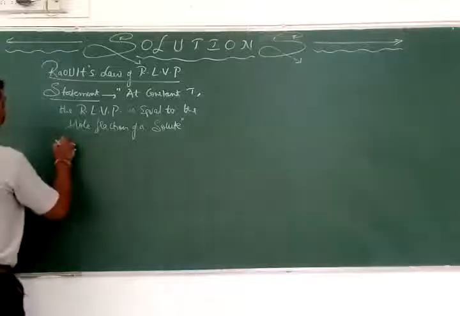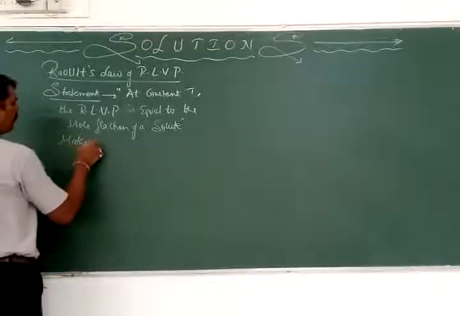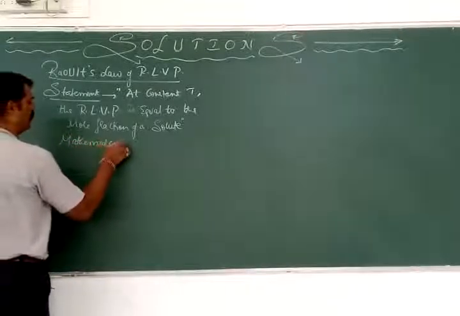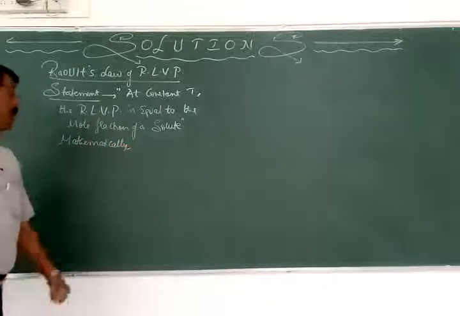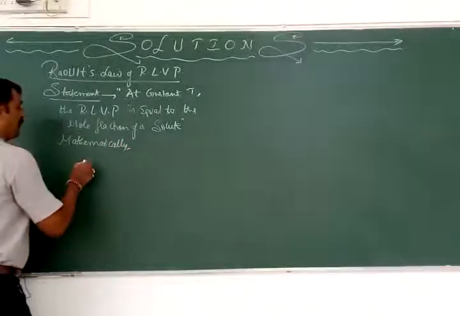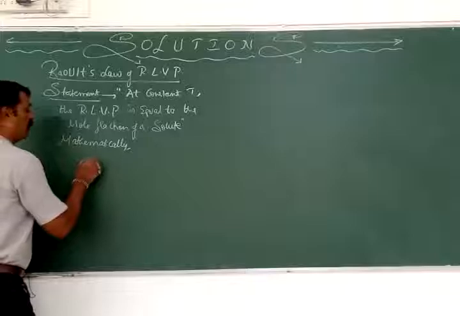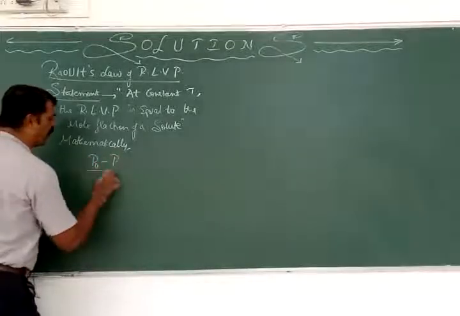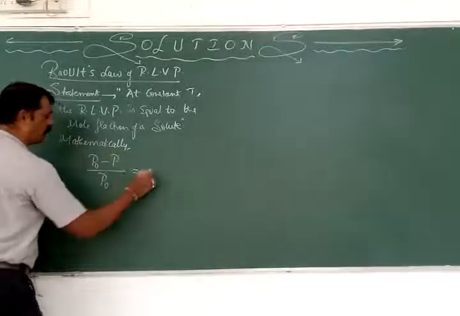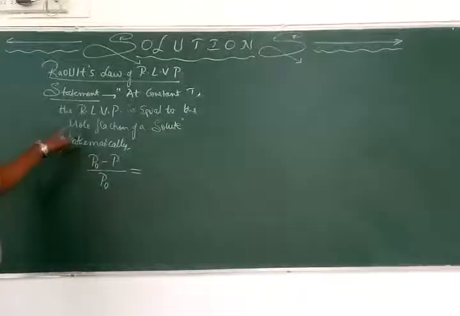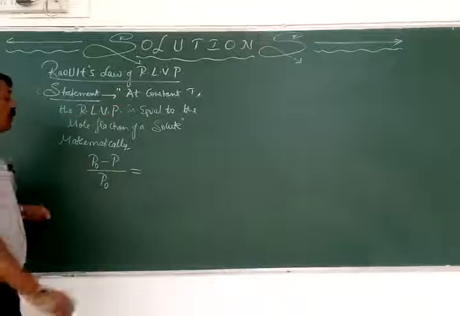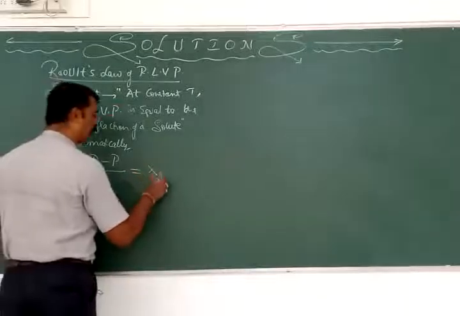Okay, so mathematically, (P naught minus P) divided by P naught, which is called the relative lowering of vapor pressure, is equal to X2.